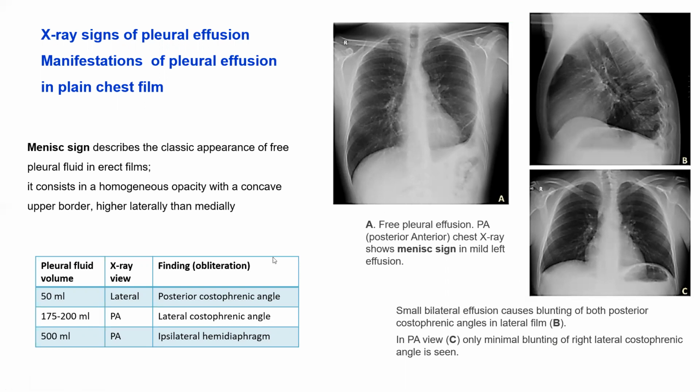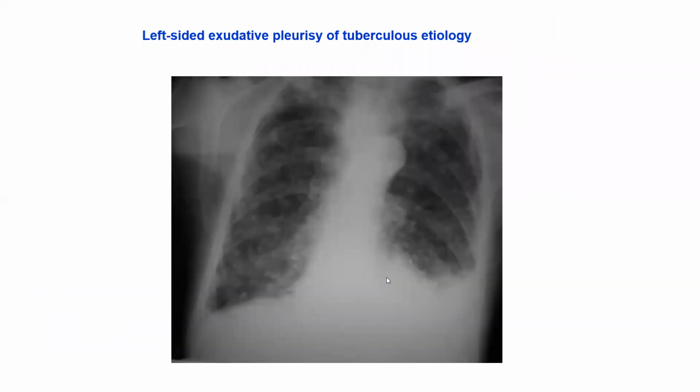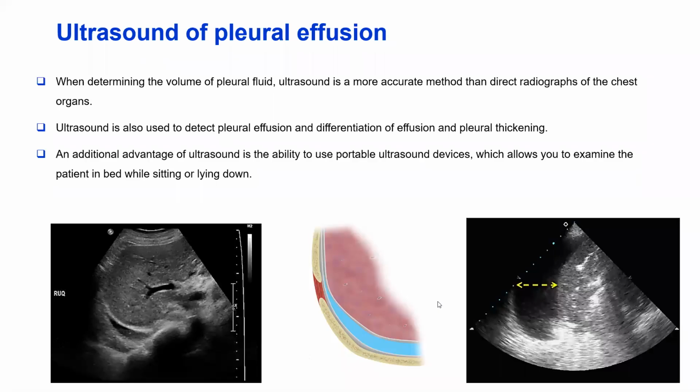In this table, we can see the appropriate liquid volume of pleural effusion and the appropriate findings on chest X-ray. This is a clinical case with left-sided exudative pleurisy due to tuberculosis.